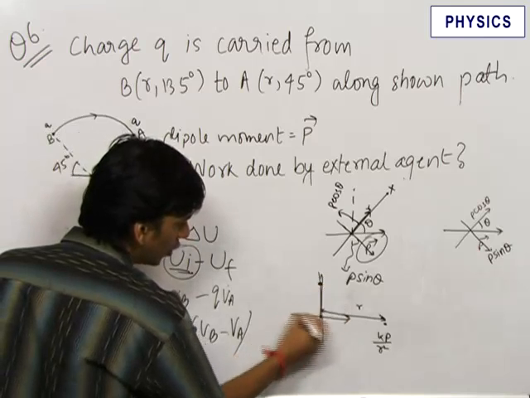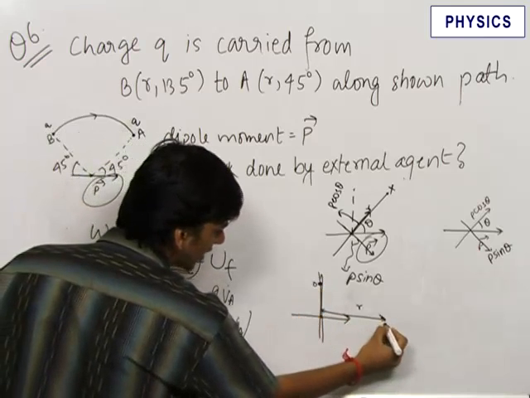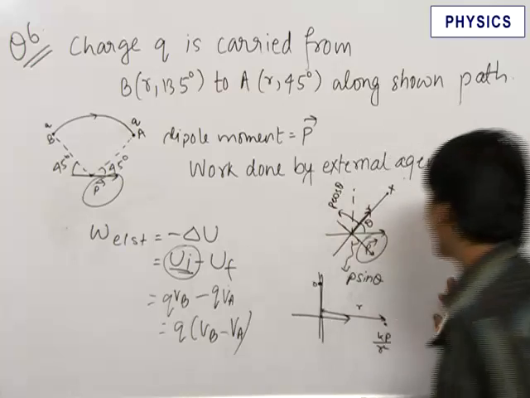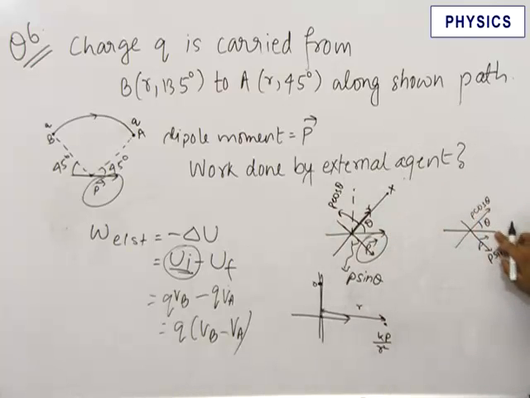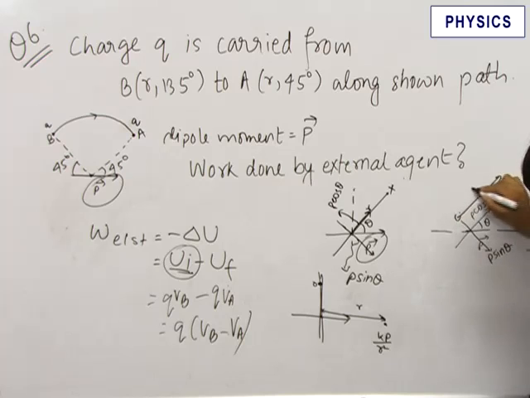Therefore when we have taken components of this dipole, we forget this dipole, this was our horizontal line, and we now find out at an angle theta at a distance r, we had this point x, we need to find out the potential at this point. The potential at this point due to the parent dipole will be equal to the sum of the potentials at this point due to these two components of the dipole.